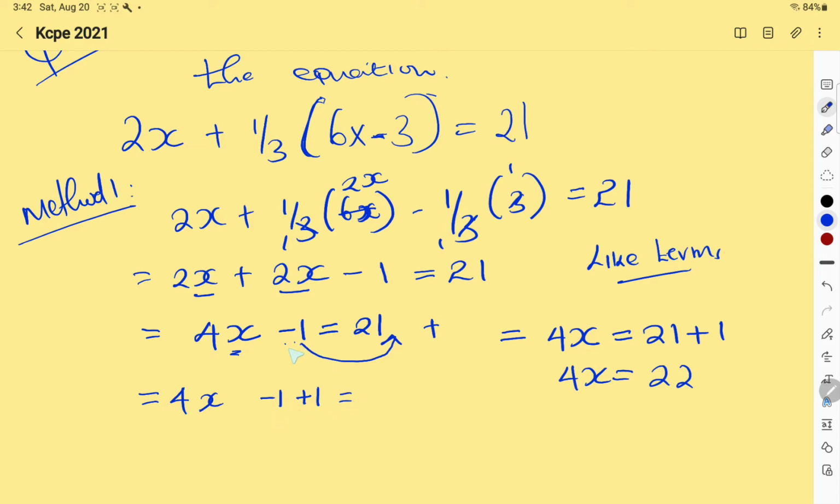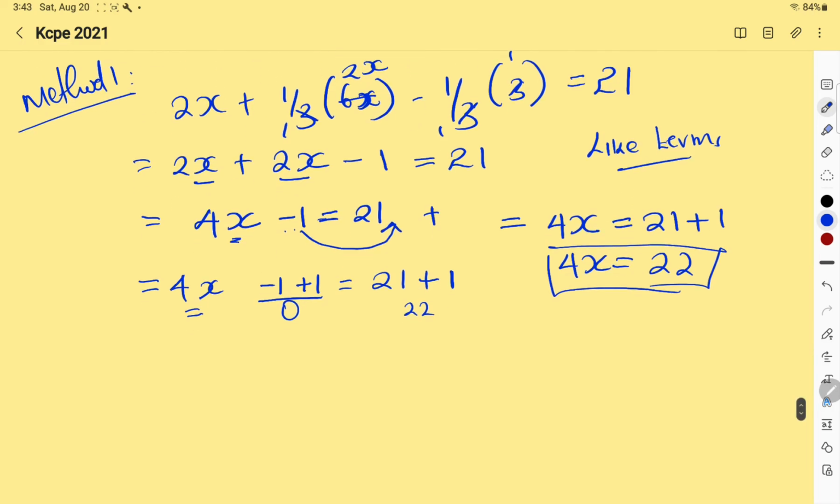And what you do on this side, you do on the other side, so it will be 21 plus 1. So that is the explanation behind it, that whenever a subtraction goes on the other side of the equal sign, it becomes an addition. If you work this out, minus 1 plus 1 is 0, so you are left with what you wanted, which is 4x, and then 21 plus 1 comes to 22. So basically that is how we got to that point.